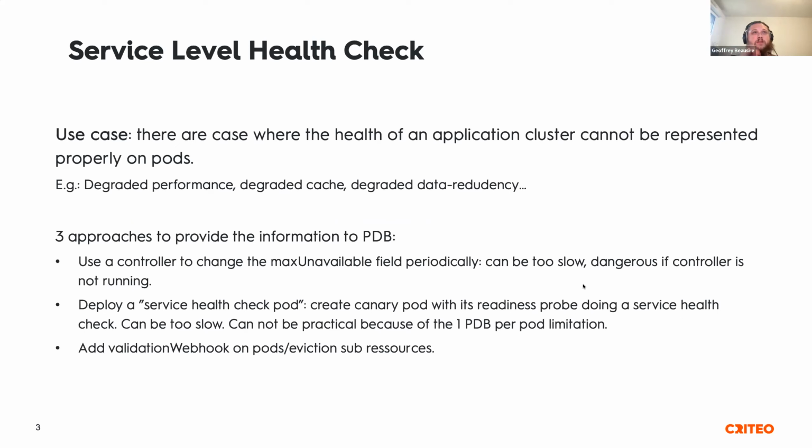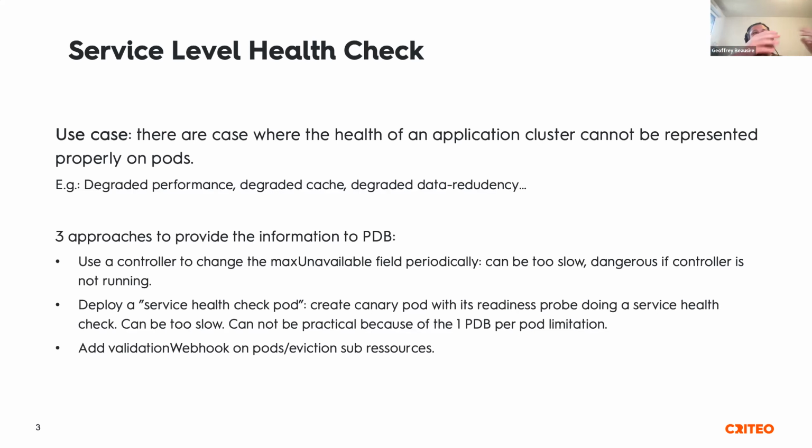If we want to go deeper on service level health check, as I was saying, when you are operating, especially clusters with databases, you have a state that can be per node, per pod, and a state that is global to the database. For example, what can be global is the data redundancy that is degraded, like you miss some data somewhere, but each pod is running perfectly well.